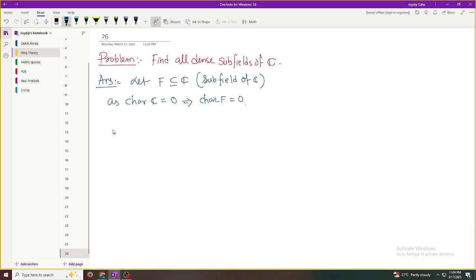Now you know that if a field has characteristic 0, we get the prime subfield Q. Therefore Q is a subset of F, because any field of characteristic 0 contains Q as a subfield.